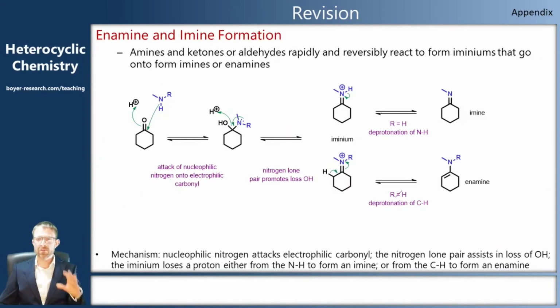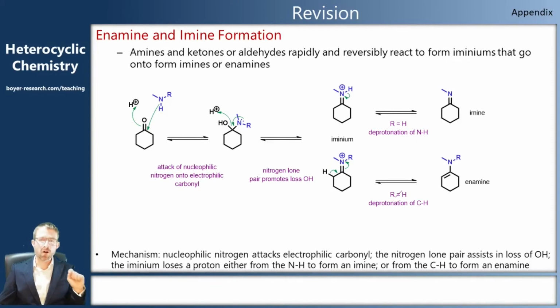One reaction that's going to be very important in the synthesis of heterocycles is the formation of imines and enamines. So if we have an electrophilic carbonyl species and a nucleophilic amine, they will condense. The nitrogen will attack the ketone to form an iminium species, with a positive charge on the nitrogen atom.